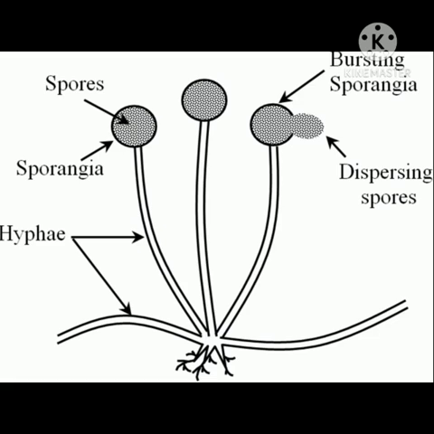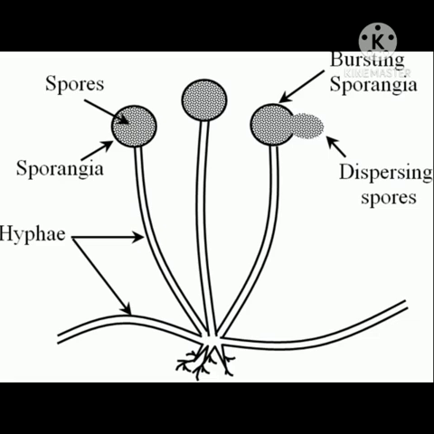Sporangia basically consist of the spores. When these sporangia burst, the spores are scattered by rain, wind, or insects, and under appropriate conditions they develop into a new plant. You can see the sporangia bursting in the given picture, and when the sporangia burst, the spores which are present inside it are scattered by rain, wind, or insects.